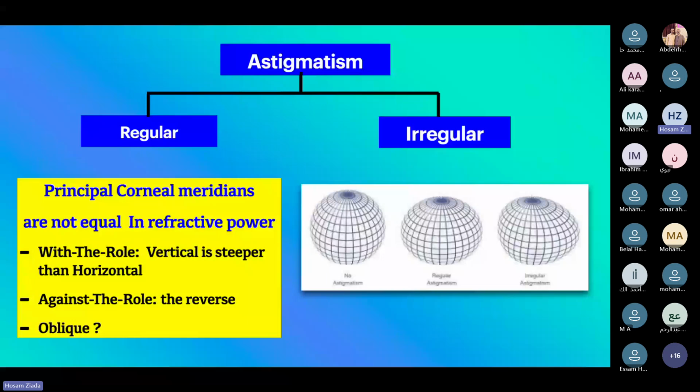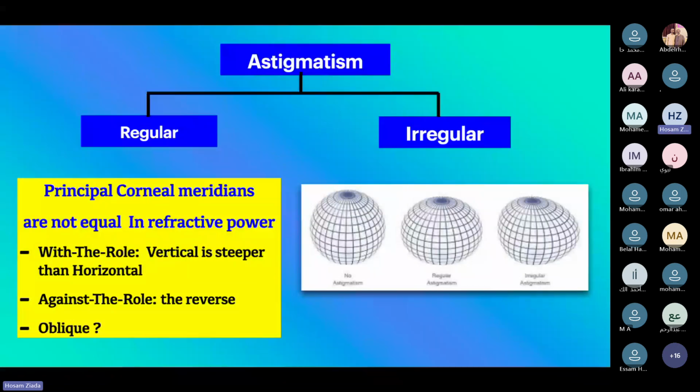So simply, the difference between the spherical cornea with no astigmatism, the astigmatic cornea with regular astigmatism, and the astigmatic cornea with irregular astigmatism. Principal corneal meridians. Now we are plotting the principal corneal meridians as vertical and horizontal in a simple way. When they are not equal in refractive power, it's called astigmatism.